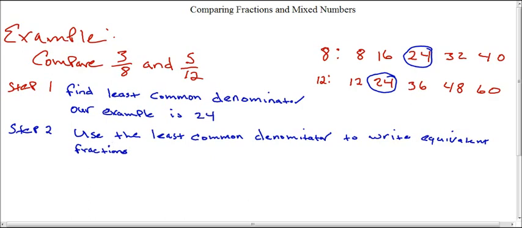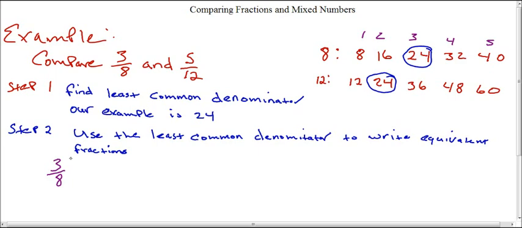Well, let's do that. We have 3/8, and to get 24 we need to see where we went. This is 1, 2, 3. So this is 8 times 1, times 2, times 3, times 4, and times 5, so this is 8 times 3.